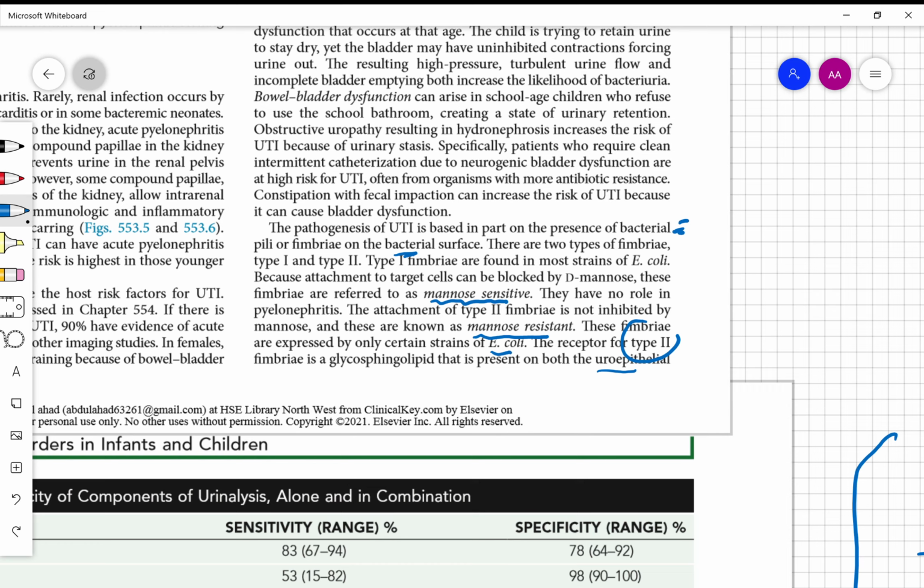So there are two types. Type 1 is found in most strains, and they are blocked by D-mannose, and they are called mannose sensitive.